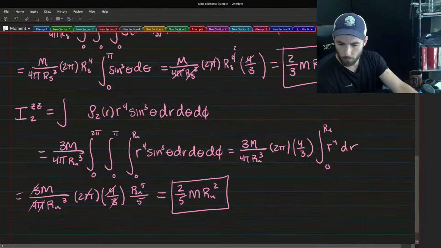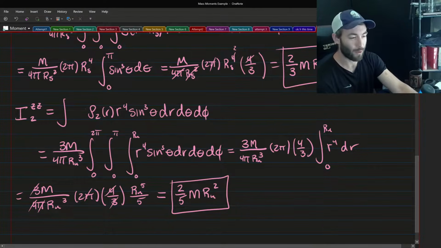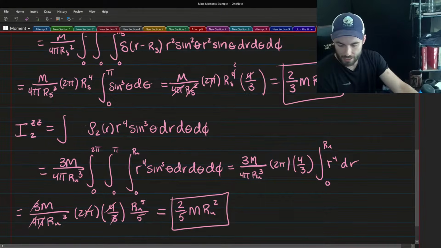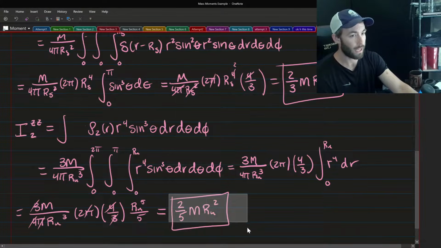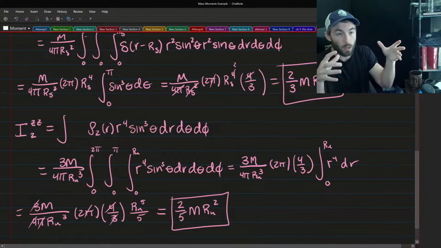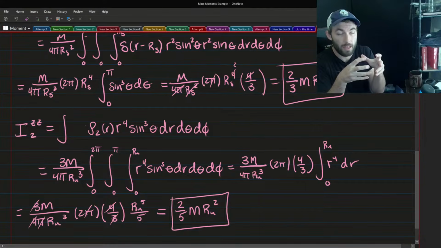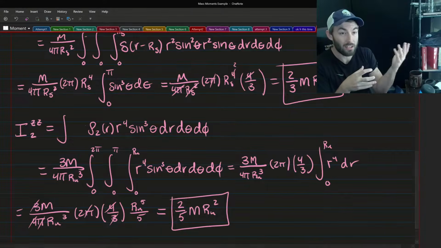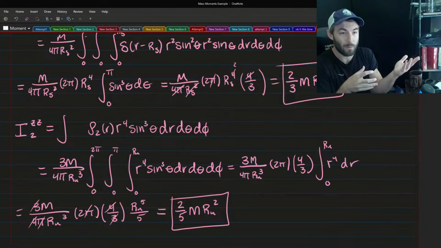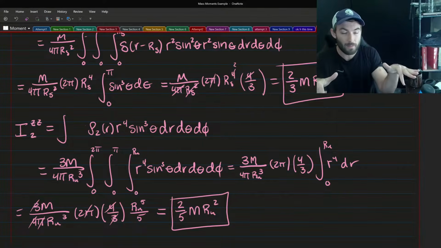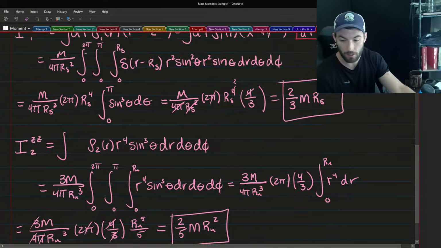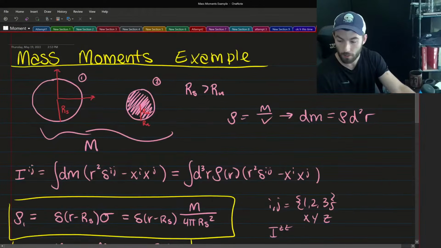So let's compare this. Which one is larger, 2/3 or 2/5? 2/3, right? So what this is saying is that the uniformly distributed sphere, even though it had mass distributed all the way throughout the sphere, because it was more concentrated to the center of mass or the axis of rotation, resulted in a smaller moment of inertia, because the mass is not that spread out from the axis of rotation compared to the thin spherical shell.